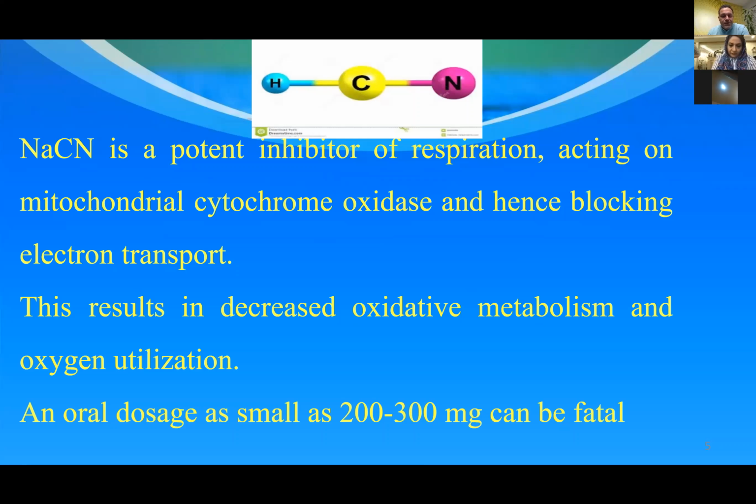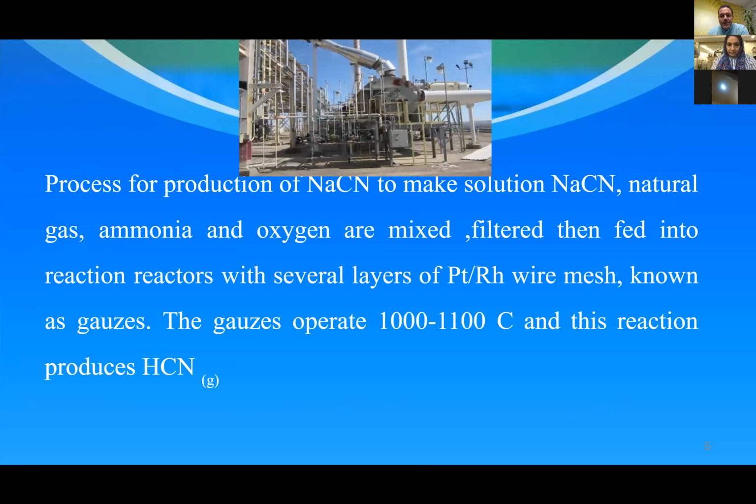In the process for production of NaCN solution, natural gas, ammonia, and oxygen are mixed, filtered, then fed into reactors with several layers of platinum and rhodium wire mesh, known as gauzes.